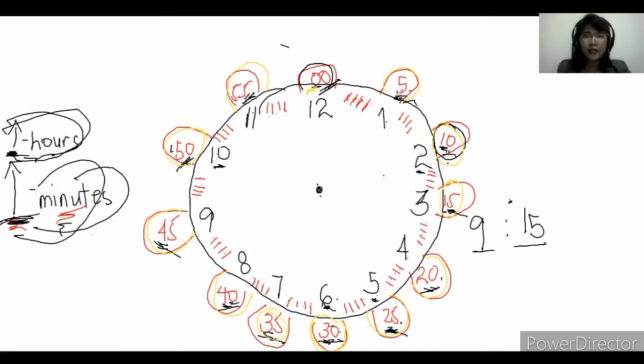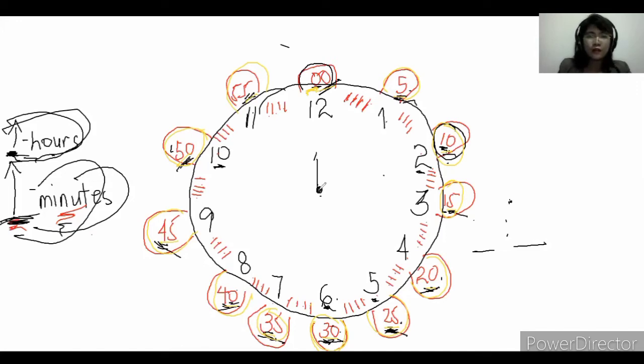Can you please read? Because I will erase this. 5, 10, 15, 20, 25, 30, 35, 40, 45, 50, 55, o'clock. Okay. Before I erase the numbers outside the clock, let us try to read the clock again.